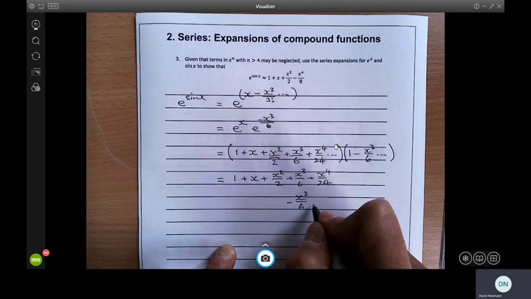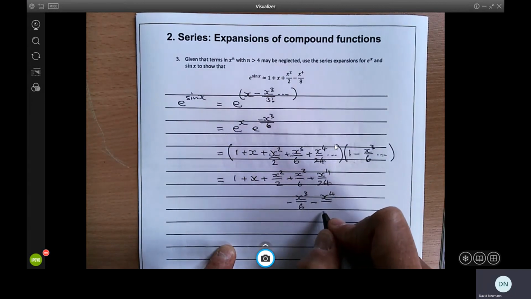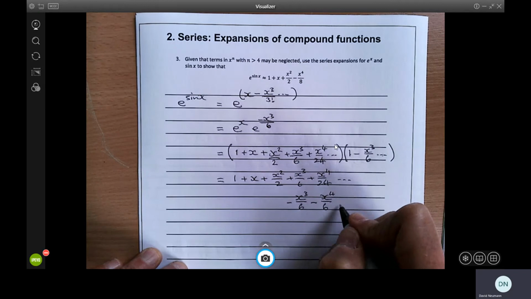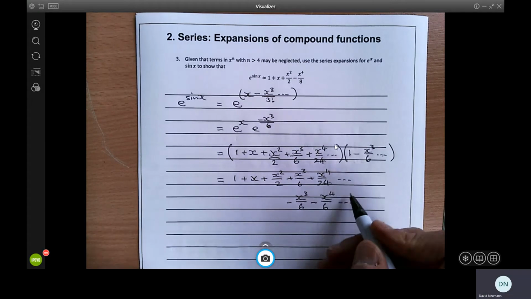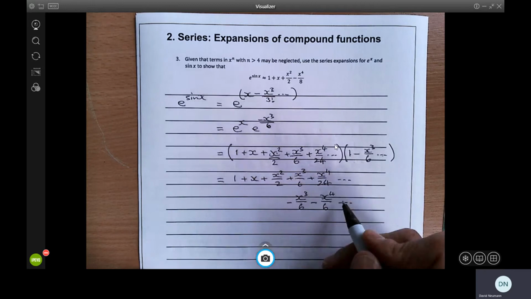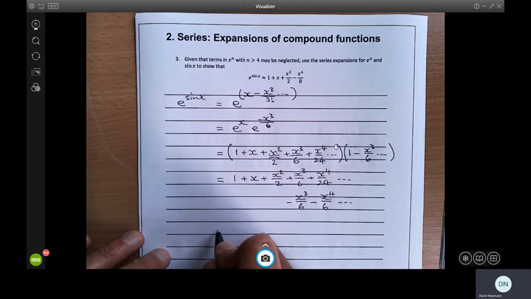X times this is minus x to the power of 4 over 6. And we don't need to consider any terms higher than that, so we don't need to worry about this x cubed times that x squared, because it's going to be x to the power of 5. So we're ignoring terms higher than x to the power of 4.